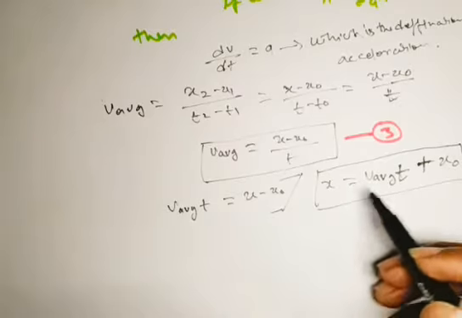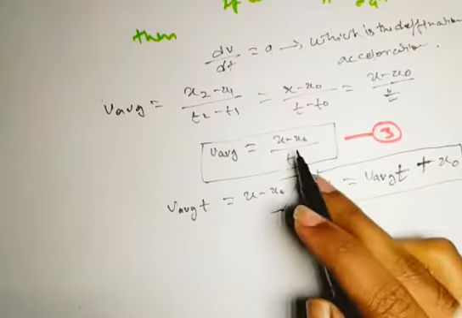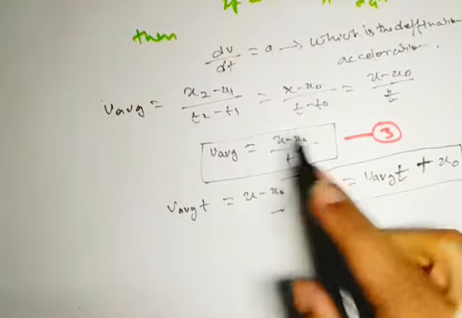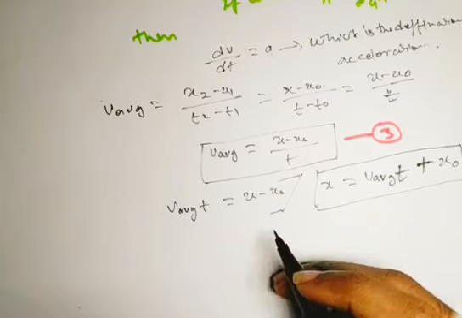Just rearranging it, t multiplied with v average, and x naught goes to the other side, the left hand side.